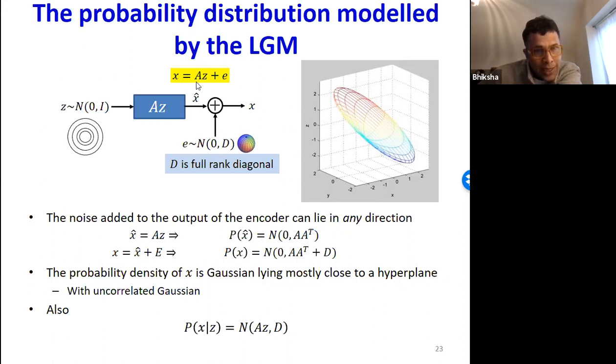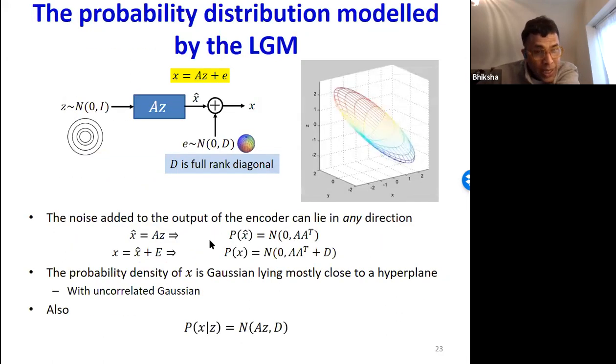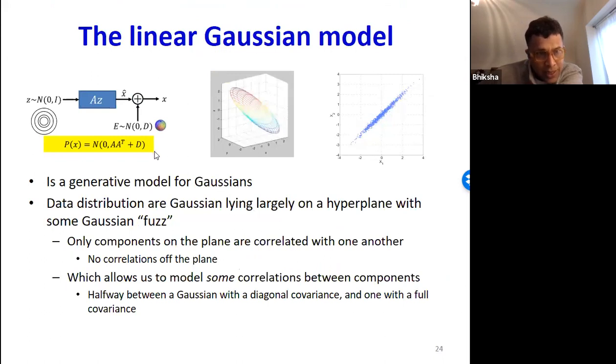All you're doing is adding this constant AZ to the noise. So the distribution of X given Z is a Gaussian with the mean now at AZ and the covariance which is the same as the covariance of the noise itself. So these were the things we saw. And now, of course, if you want to learn the parameters of the distribution, you can perform maximum likelihood estimation.